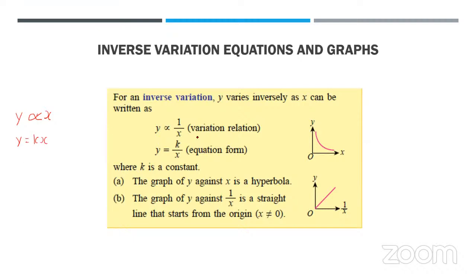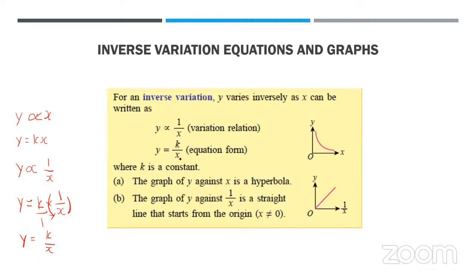But when you take into account inverse variation, y varies inversely to x, what you're actually doing is trying to find the constant that multiplies by this over here. So you're inserting a k and multiplying that by 1 over x. And by the rules of multiplication, k over 1, then you just multiply across, y is equal to k over x. So that's how you get inverse variation in equation form.